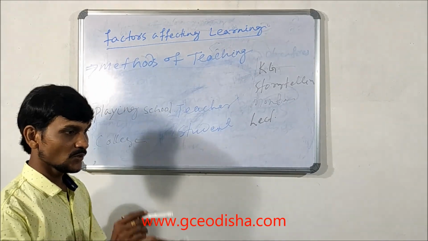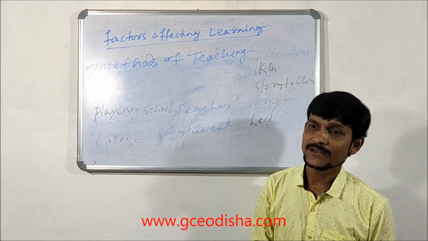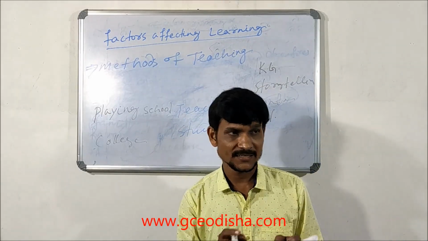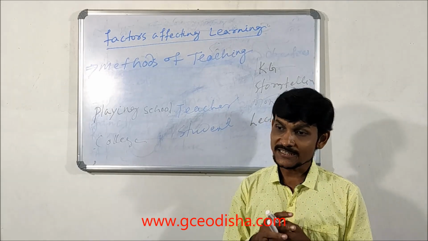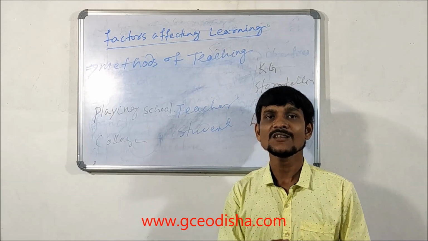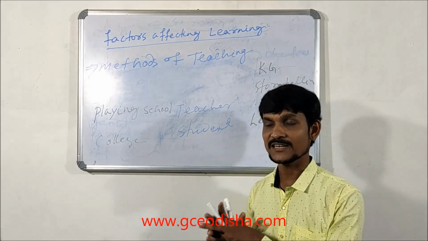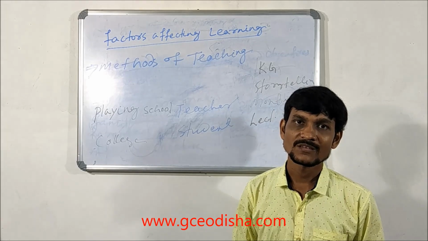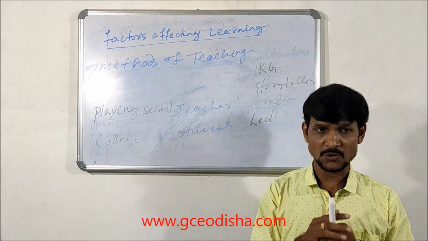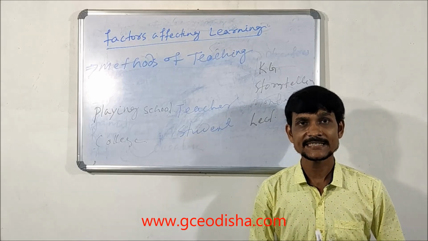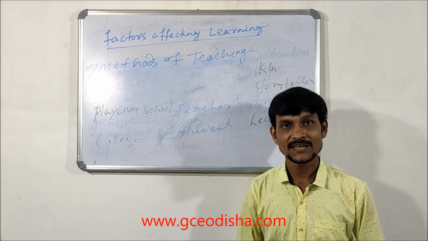So, different institutions are there, different universities, colleges, and different schools, and in the different educational organizations there also exist different individuals. According to the interest and requirements of the individuals, the teacher must select appropriate methods of teaching by which learning will be promoted.